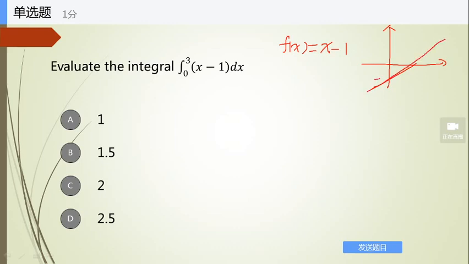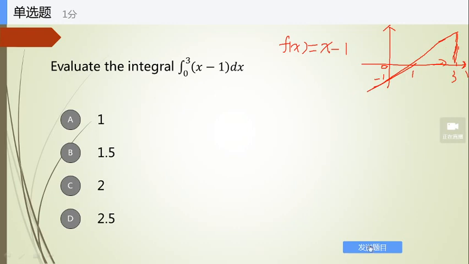This is minus 1 and 1, right? From 0 to 3, it might be somewhere here. This is x. Then actually it forms 2 triangles from 0 to 3. That is how we understand this definite integral.